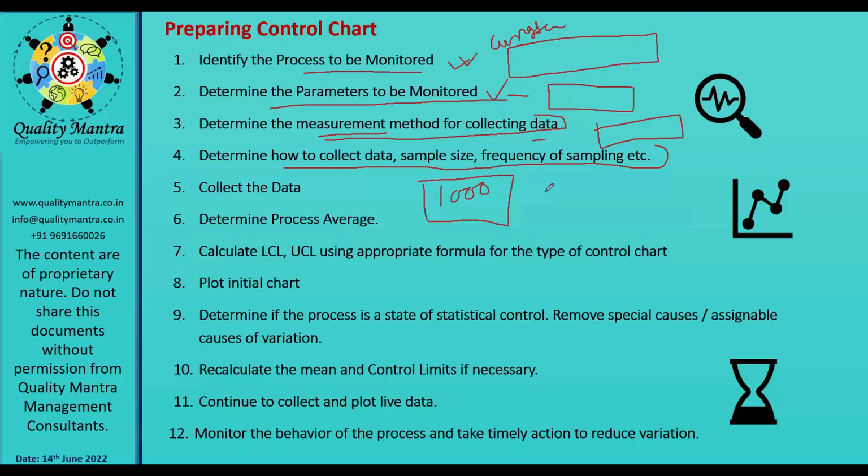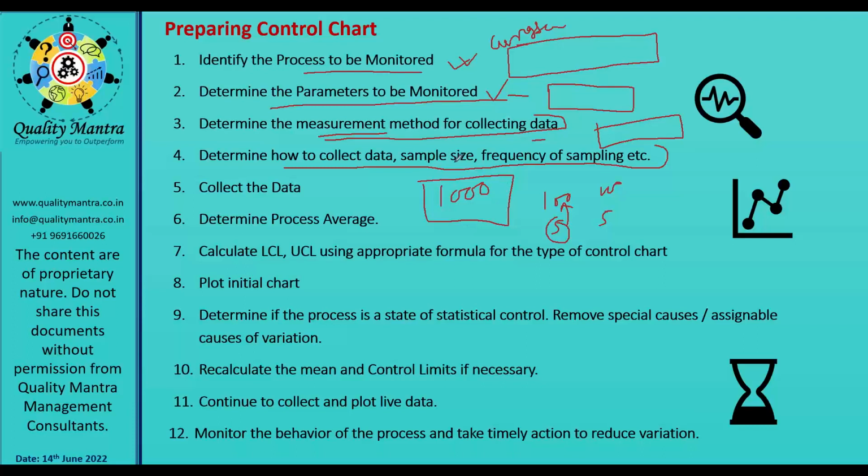You may decide that after every 100 parts, you will check 5 parts. Then again, next 100, you will check 5 parts. So that is basically a subgroup of 5. You are saying these 5 samples are representing all the 100 samples. So this is the frequency of sampling.